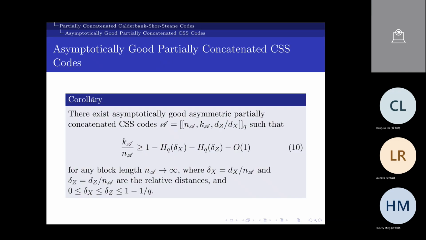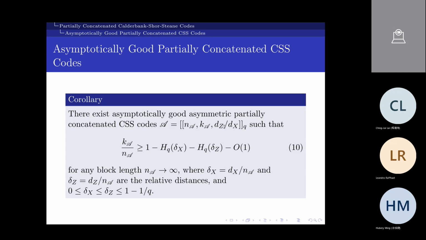Then we have a corollary. That is, there exist asymptotically good asymmetric PC CSS codes such that they satisfy the asymptotic bound like this.